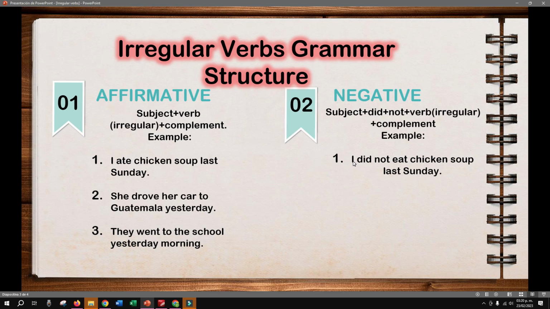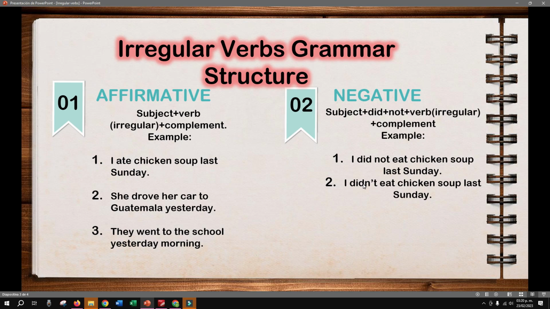So, subject, the auxiliary did, the word not, the verb in the base form. You don't need to write it in past, no, in the base form, right? So, the complement.